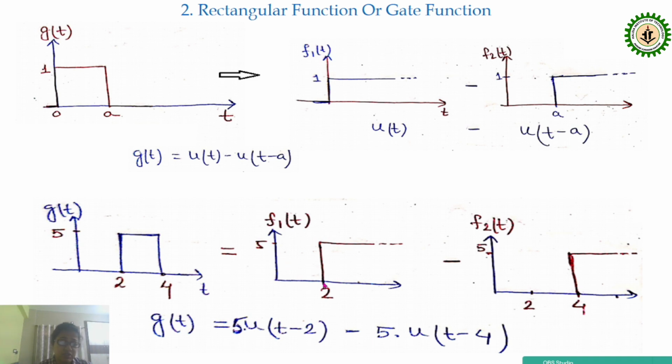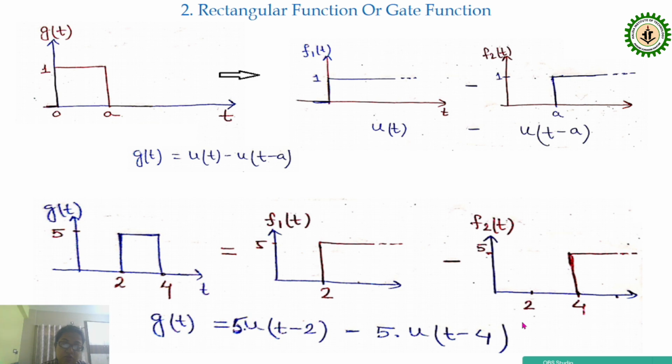So how long will it continue? It will continue up to 4, so we have to restrict this at t equals 4. To restrict or discard, we use a minus sign. So we start another step function with the same amplitude 5, and write u(t minus 4), which starts at t equals 4, multiplied by 5.